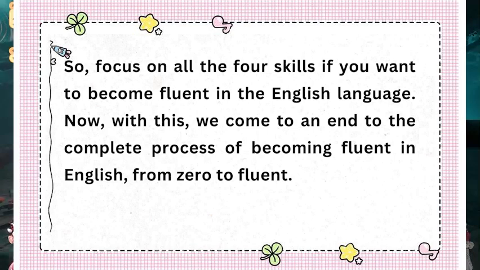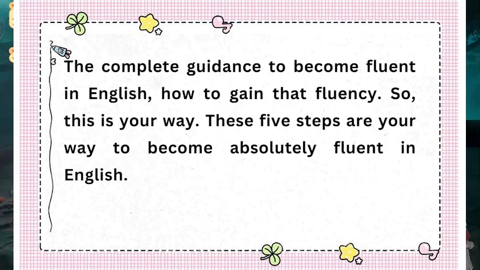Now, with this, we come to an end to the complete process of becoming fluent in English from 0 to fluent. The complete guidance to become fluent in English, how to gain that fluency. So, this is your way. These 5 steps are your way to become absolutely fluent in English.